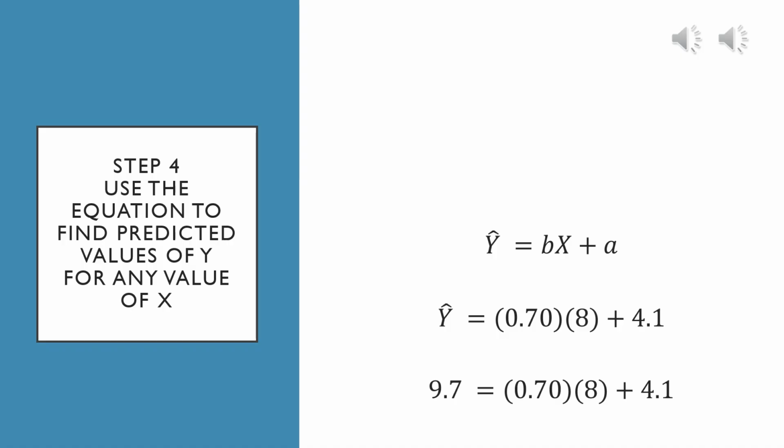That's not the same thing as saying you definitely will have exactly a stress level of 9.7 after 8 weeks. These things are all about predictions. And of course, when you predict things, there's always going to be some room for error.